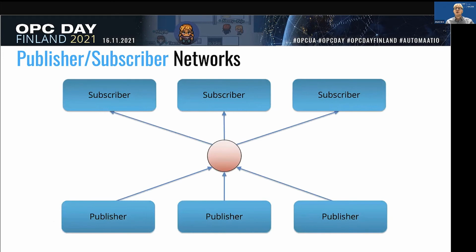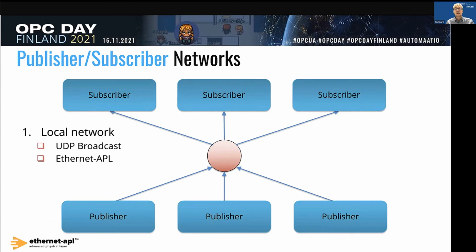The publisher subscriber is based on networks, as mentioned, and we have 2 types of networks. We have local networks, where we can use UDP broadcast messages, or, as Georg mentioned, there will be the new Ethernet advanced physical layer coming up using a more raw layer of the Ethernet.